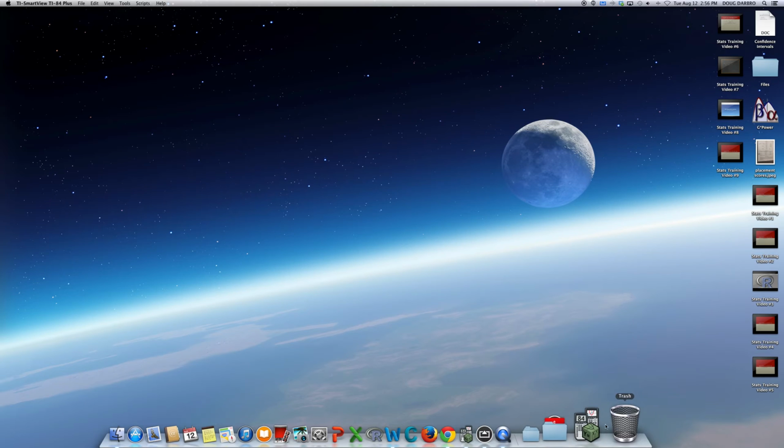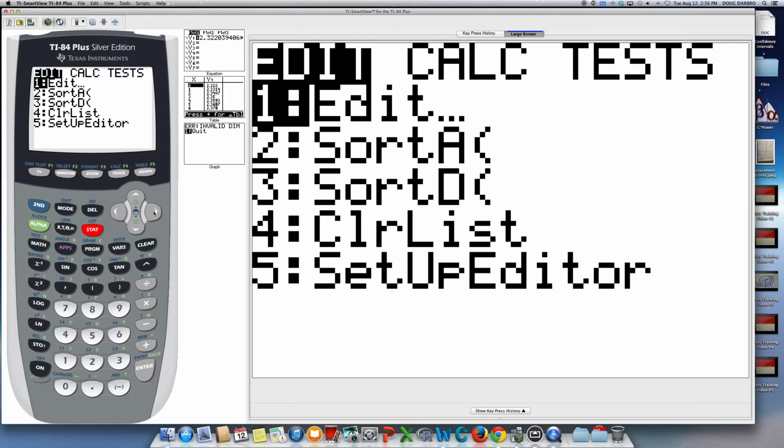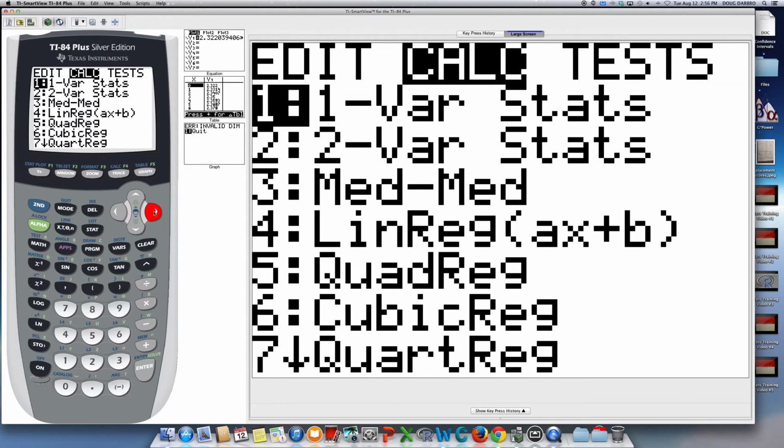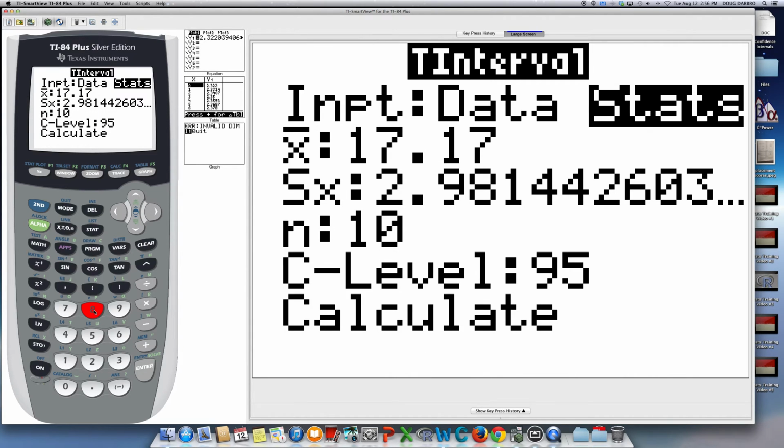So if we go to our calculator, keep in mind that we have our data in L1. We can come down to number 8, which is our T interval. And guys, we have our data, so let's go over and select that.